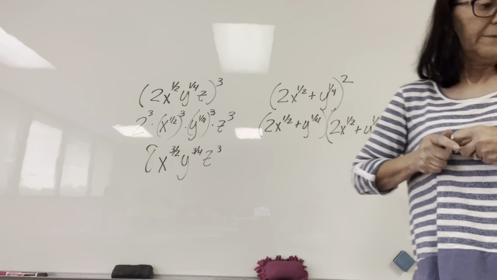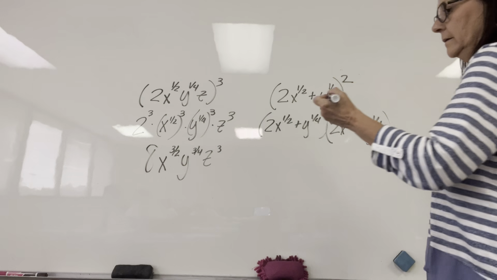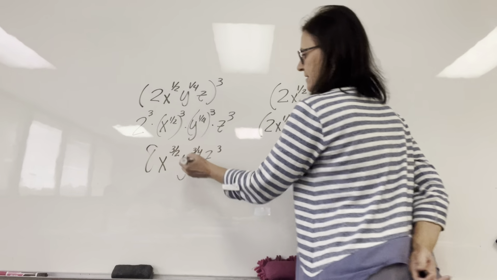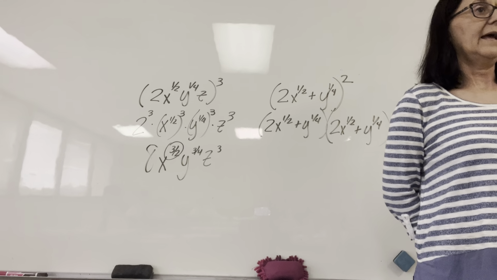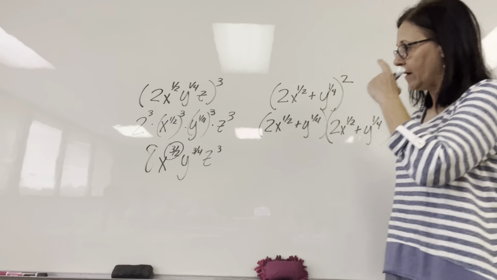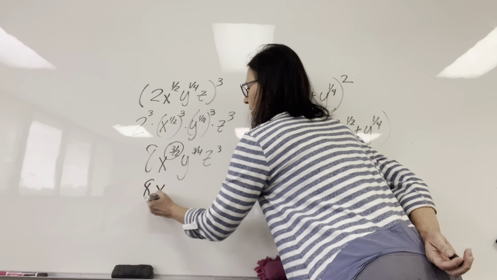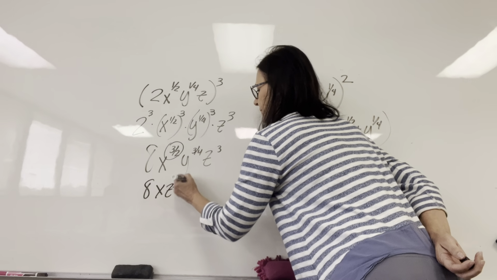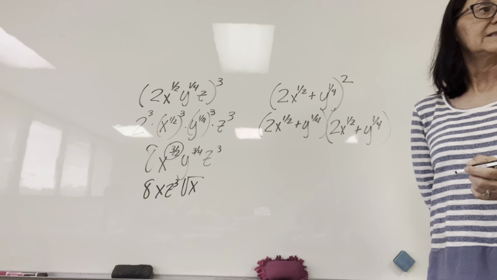All right, I'm going to show you something else that the book doesn't show you. I could really say that this x is 1 whole x and then a half. Do you agree? So really this could be 1 whole x and then a half. Is that a half x?